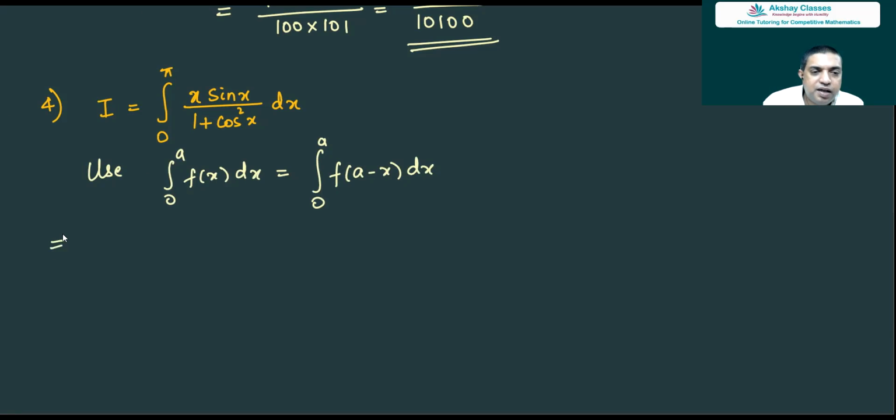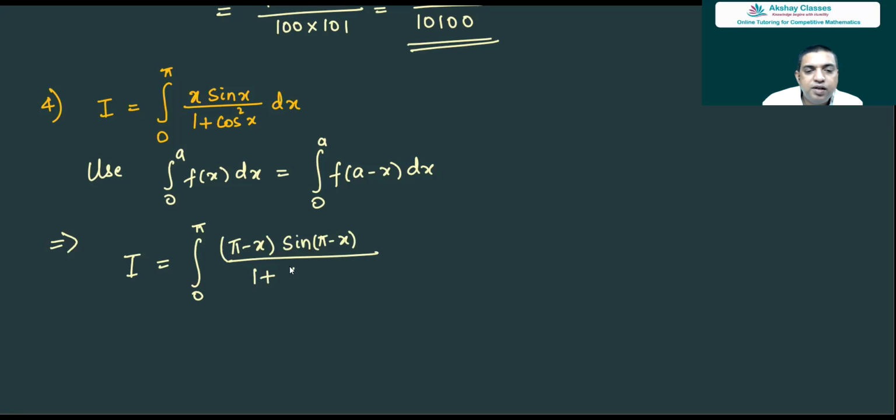So this implies we have I is equal to integral 0 to pi minus x times sine of pi minus x by 1 plus cos square pi minus x dx.